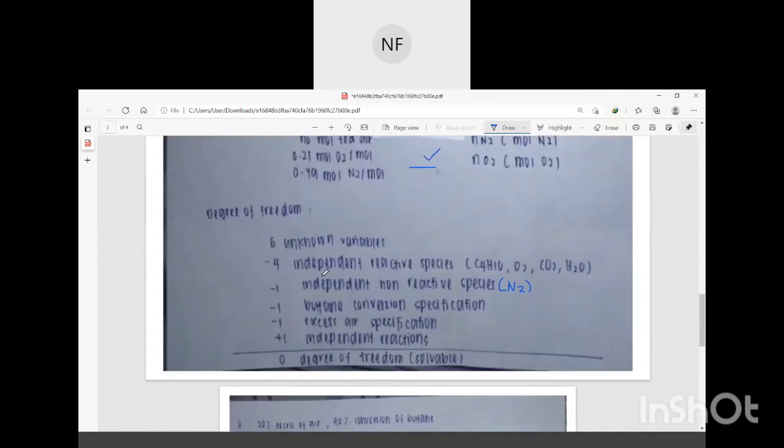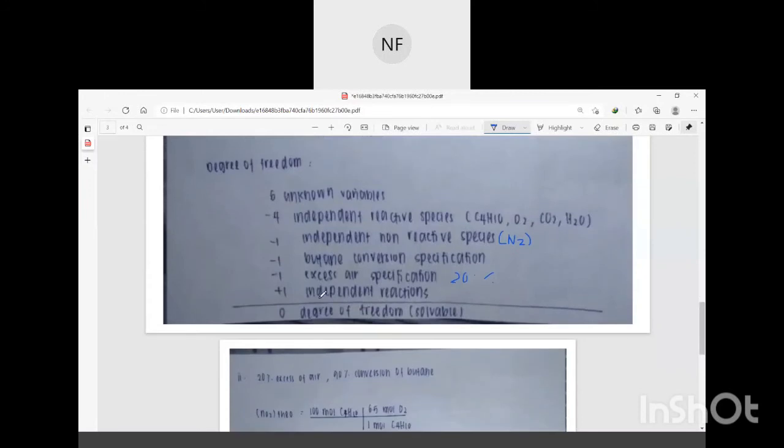There are 4 independent reactive species in this reaction, which are butane, oxygen, carbon dioxide, and water. There is 1 independent non-reactive species, which is nitrogen, 1 butane combustion specification, and 1 excess A specification, which is the 20% excess of A. And there is 1 independent reaction, which is the reaction involved in this question.